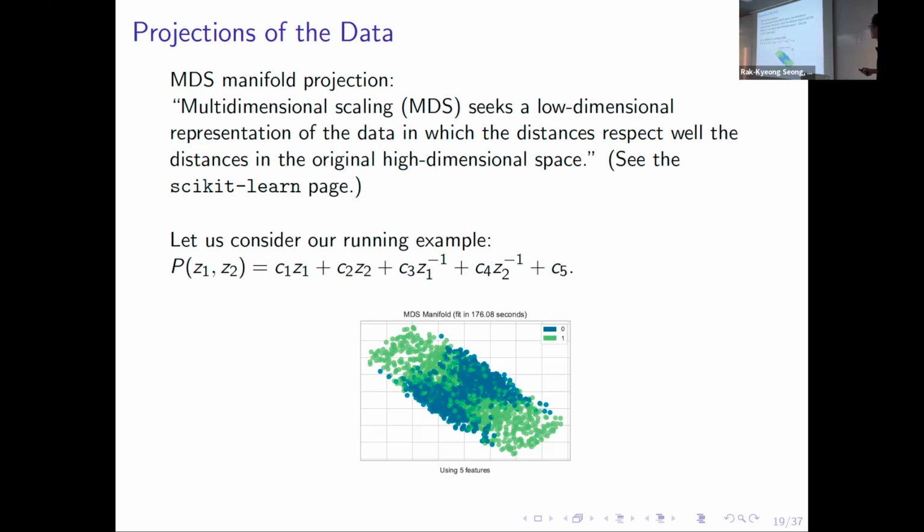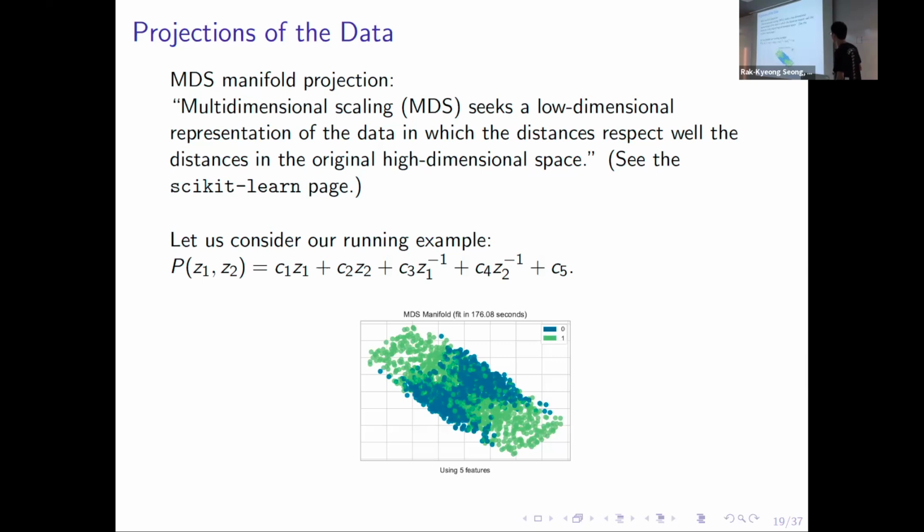So here, this is the example we have, and then we have this projection. We have an input as a 5-dimensional vector, and these are the 2D projections. As we can see, at least we have some sort of boundaries of the blue and green points, namely of genus 0 and genus 1.